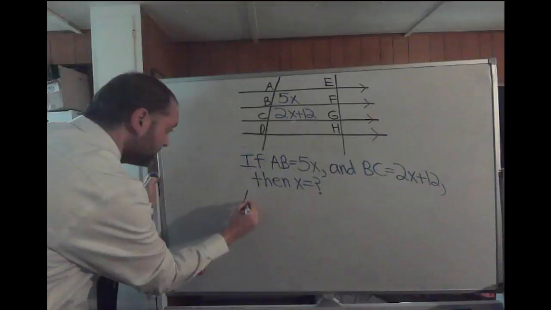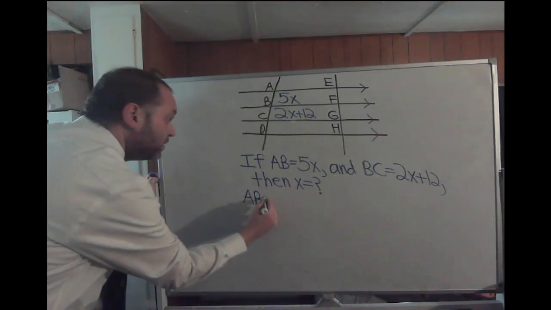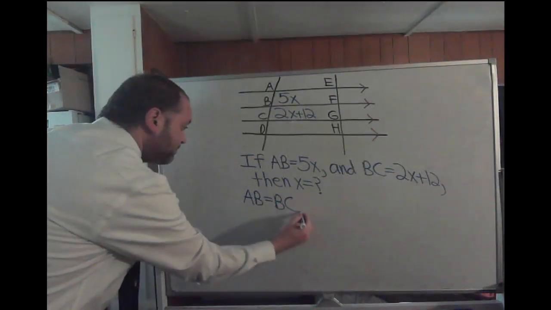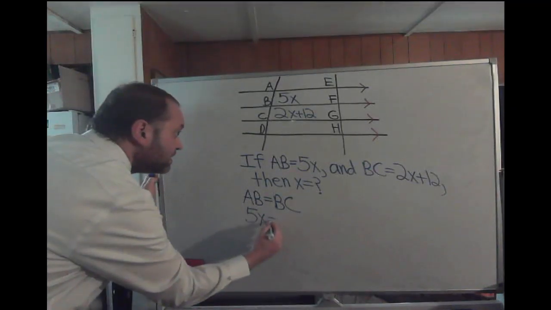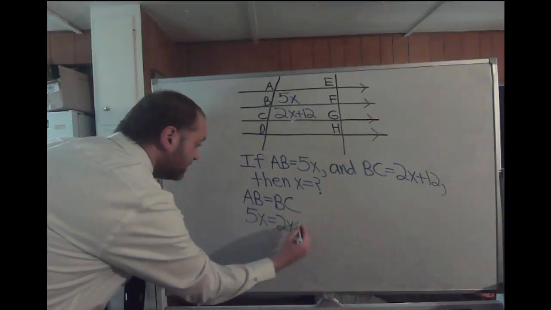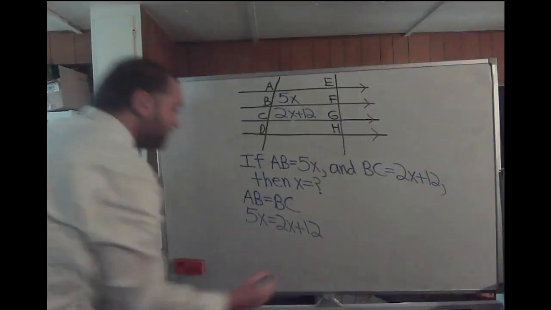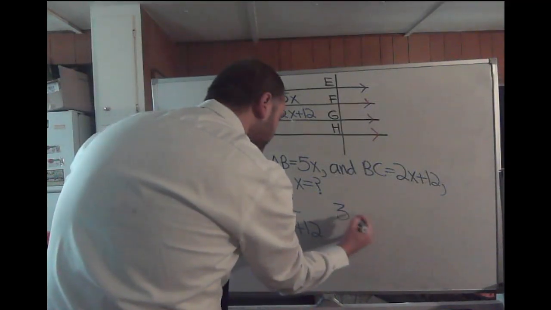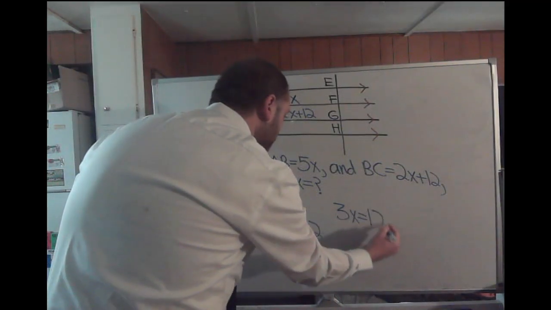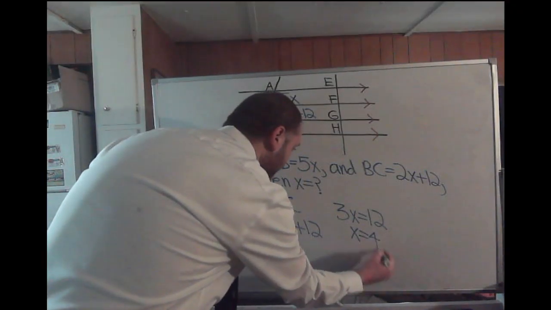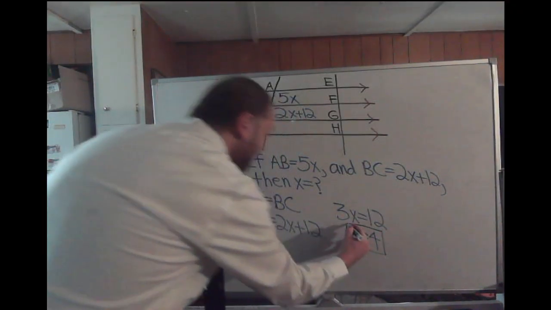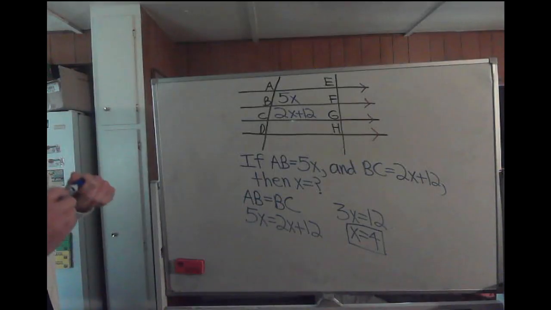So in other words, AB would equal BC, which would have to mean then that 5x equals 2x plus 12, which would simply mean that 3x equals 12, which would then give you that x equals 4. So the answer to this particular one is that x would equal 4.